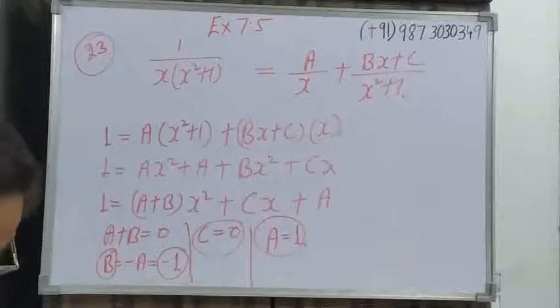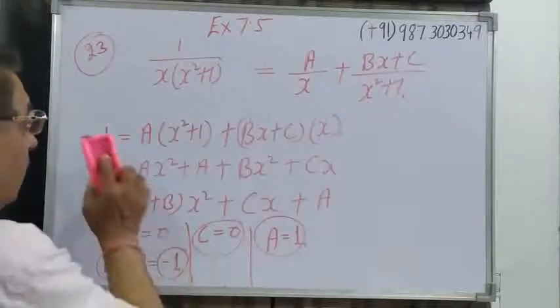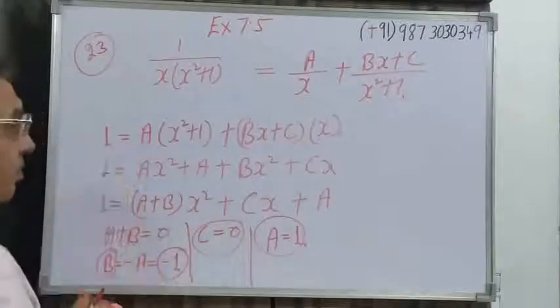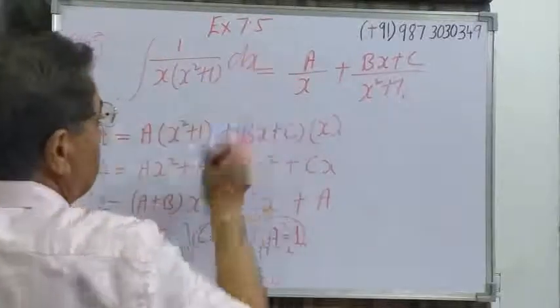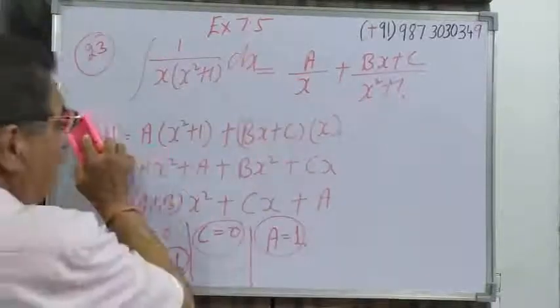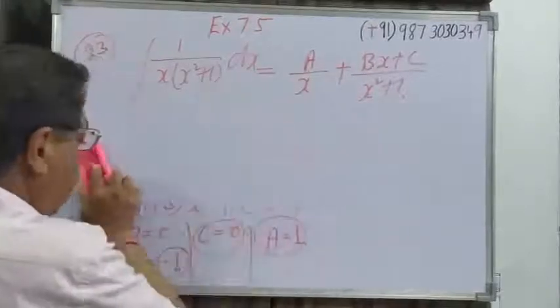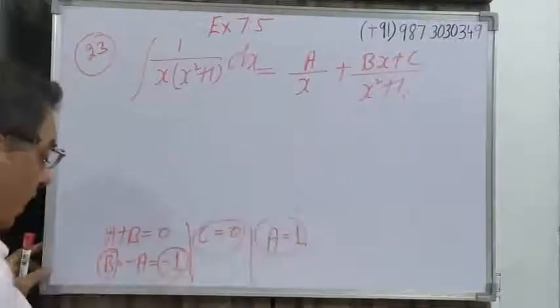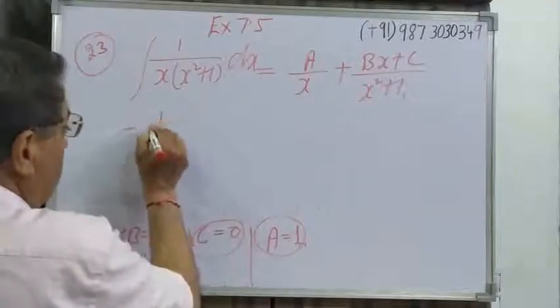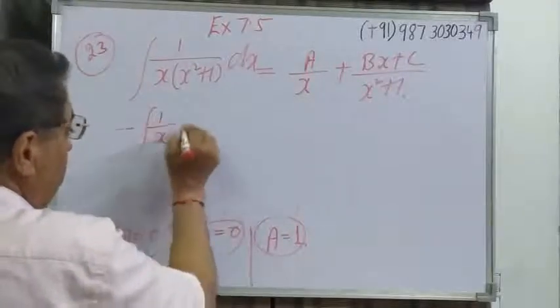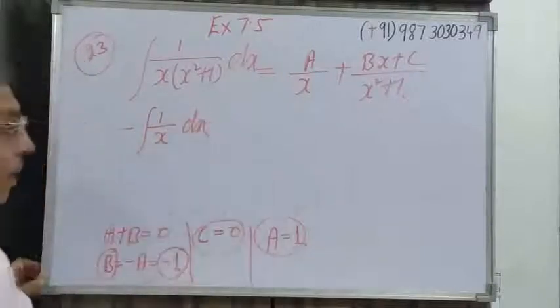So what we obtain after writing these values is integration of 1 dx for a, I am going to write down the value of a, and minus 1 upon x with respect to dx.